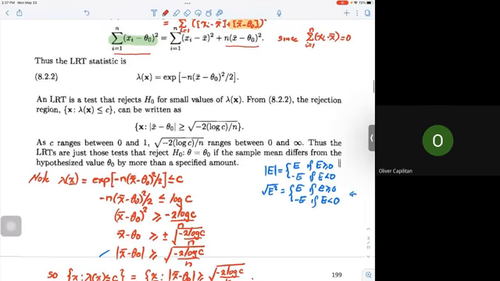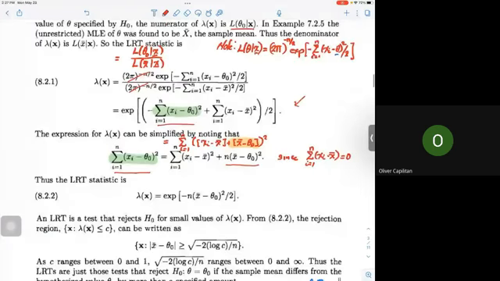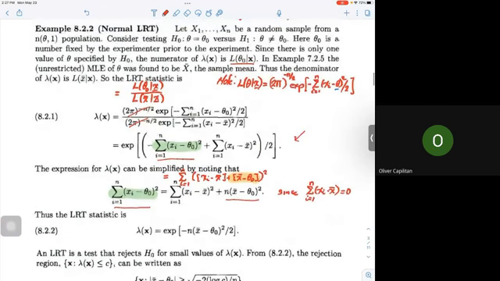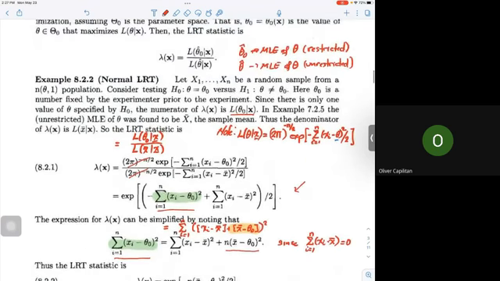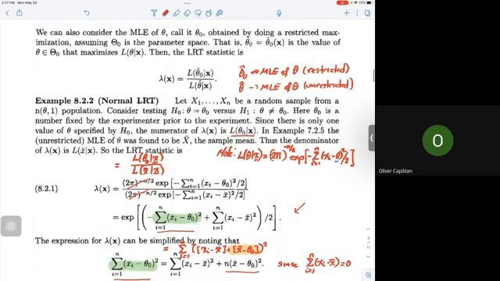So for this example, we applied our remark for the likelihood ratio test statistic, in which the maximum likelihood estimate we apply on the denominator of our likelihood ratio test statistic because we have an unrestricted maximization there.